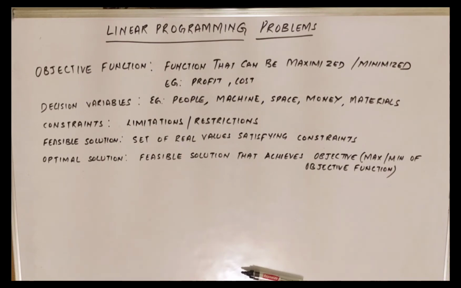Say, for example, they may want to increase the production of the products so that the more products they make, the more they can sell and the more profit they can make. So this is one way. Another way is they can reduce the time in making these products.